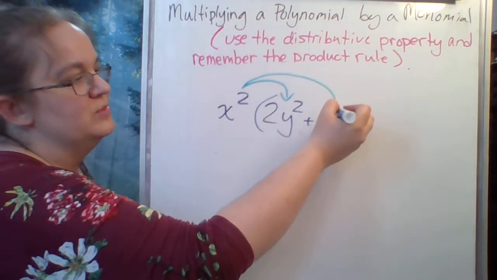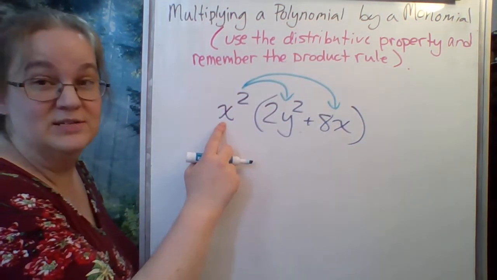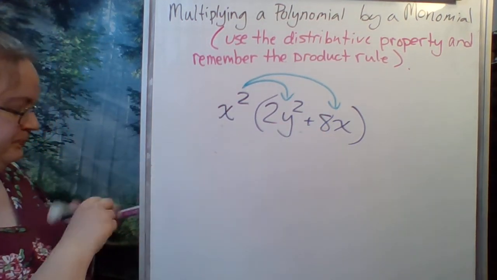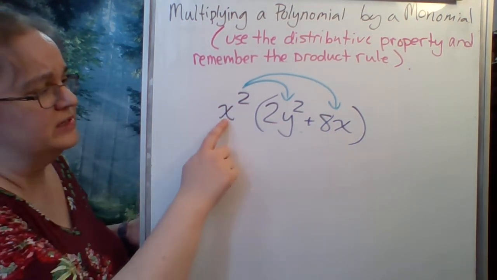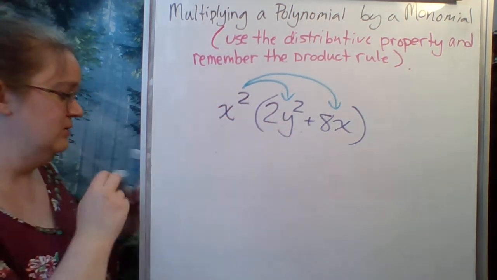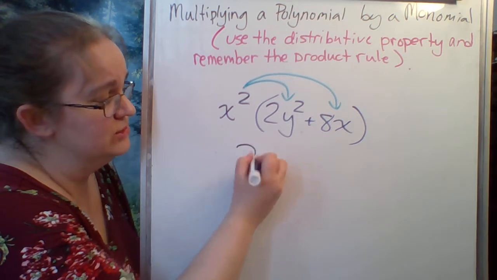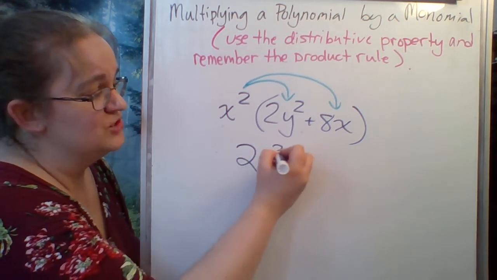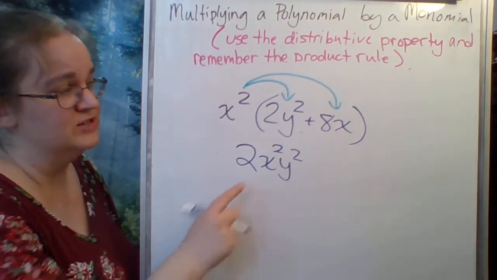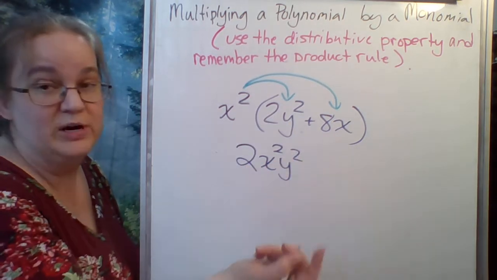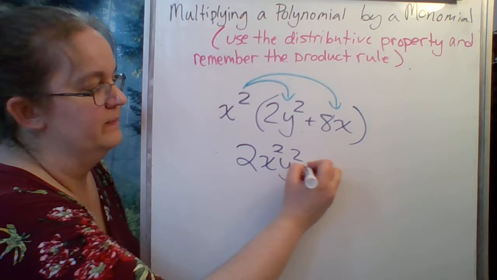So I'm using the distributive property to multiply the thing on the outside by each term on the inside here. And so when you're looking at this, I don't have any x's here. So the coefficient is 1. So 1 times 2 is still 2. It's x squared y squared because I don't have any x's to combine it with. So it's literally just x squared times y squared. I can't simplify it any more than that.